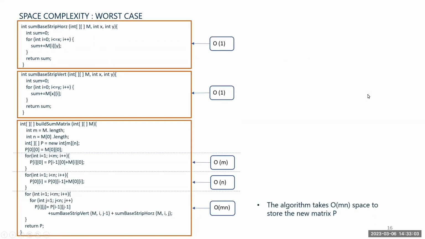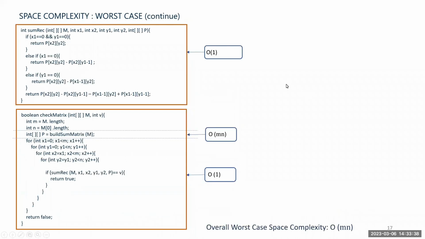The space complexity for the worst case. These two base strip functions, because we just need to keep updating the sum value, take just O(1). This build new sum matrix function, because we calculate each cell of the new matrix and store it, will take O(mn) space to store the new matrix P. The sum rec function simply takes and returns one value from matrix P, so it's just O(1).